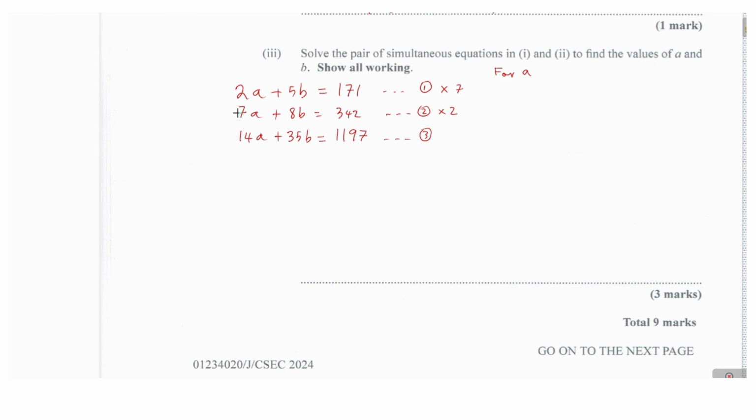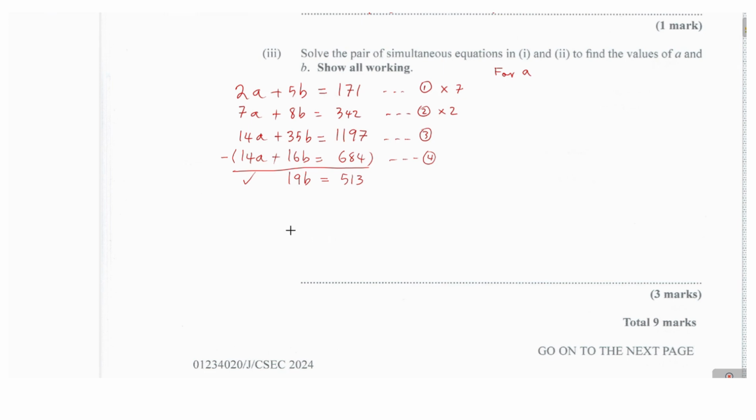And then 2 times 7A, that's 14A, plus 2 times 8B, that's 16B, equals 2 times 342, which gives 684. That's line 4. What we're going to do is to take line 4 from line 3. So that goes out, and we get 19B here. And 684 from 1197, that's 513.